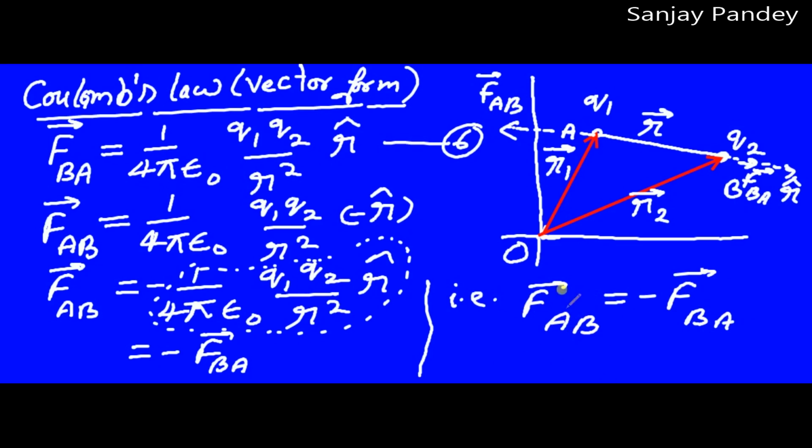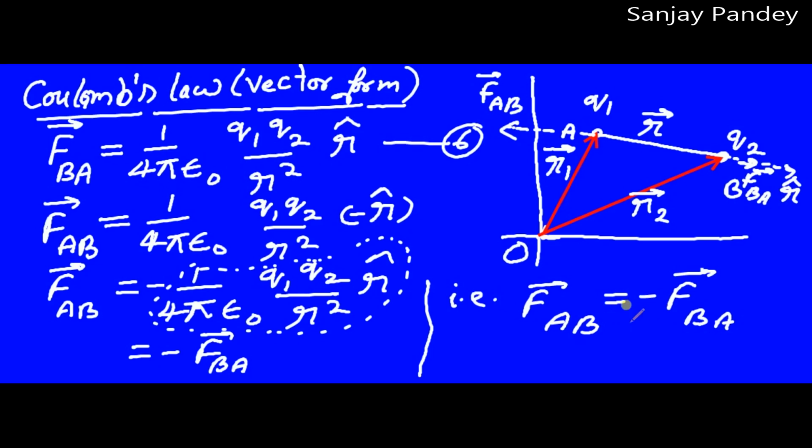So it is clear that electrostatic force also forms an action-reaction pair, as F AB is equal to minus F BA. F AB is the force on charge A due to charge B, and F BA is the force on charge B due to charge A, and the negative sign is also here.